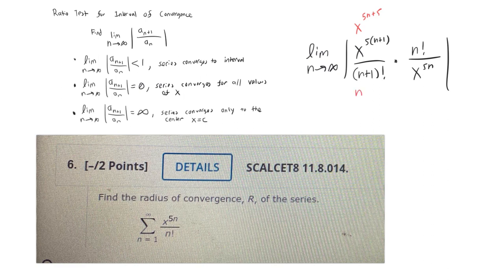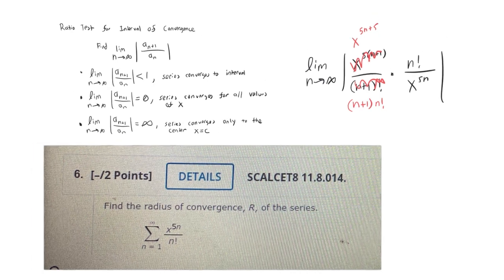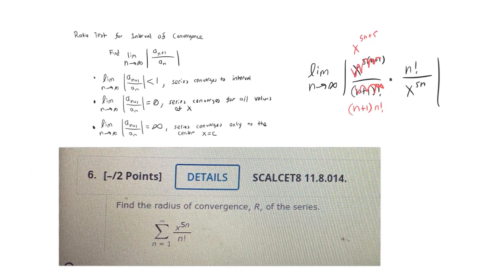Down here, this is really n plus 1 times n factorial. Let's cross these out. X to the 5n plus 5 is really x to the 5n times x to the 5th, and we can cross that out.